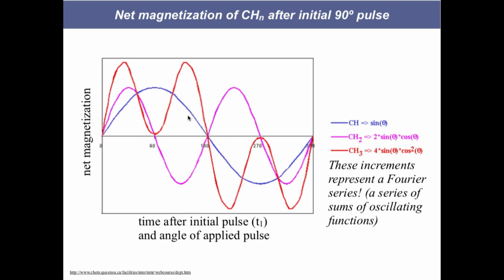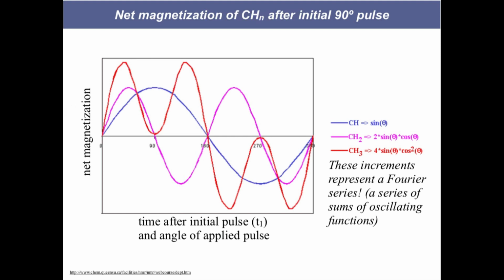After about 135 degrees and this amount of time, our CH3s are highly magnetized, our CHs are somewhat magnetized, and our CH2s are highly magnetized, but in the opposite direction from these guys relative to the external magnetic field.